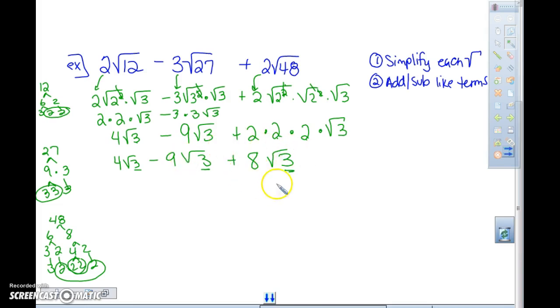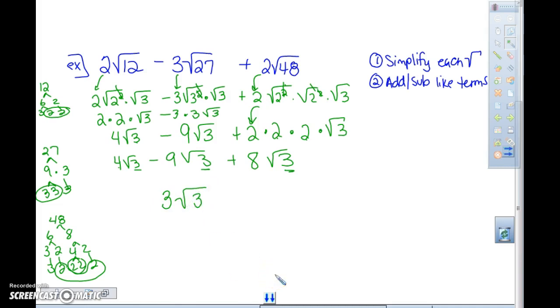For this last one? Did you forget to bring down this 2 from the original problem? That's what happened, yep. All right, so we can add and subtract. So now we have 4 minus 9 plus 8. 3 times the square root of 3.